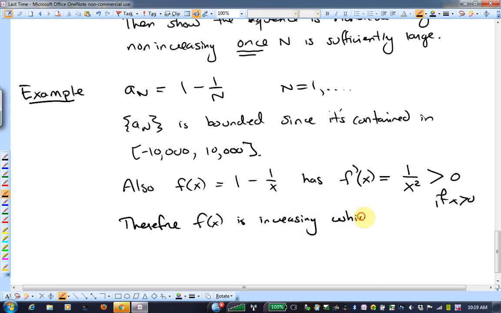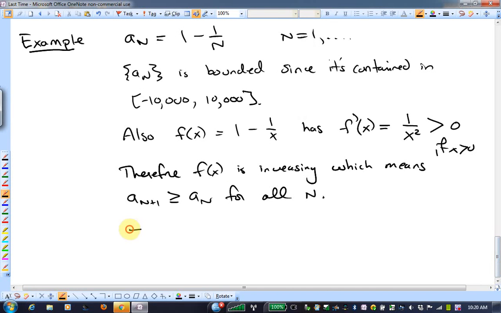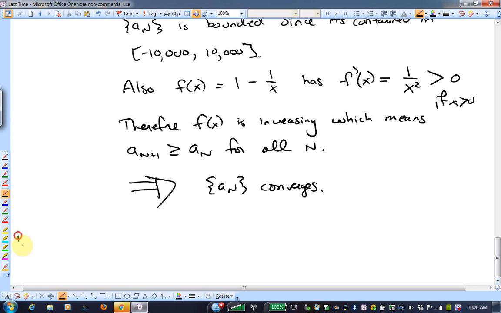And what that means is that f of x is an increasing function, which means that a_(n+1) is bigger than or equal to a_n for all n. Okay, the conclusion is a_n converges. It's non-decreasing, and it's bounded. That's it.